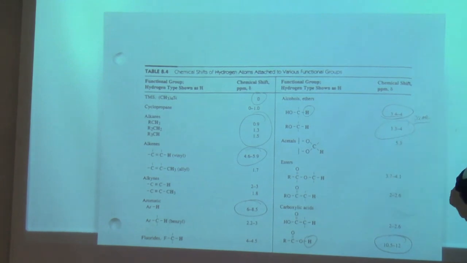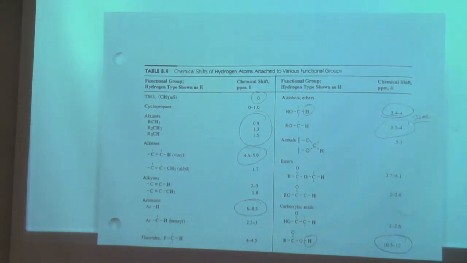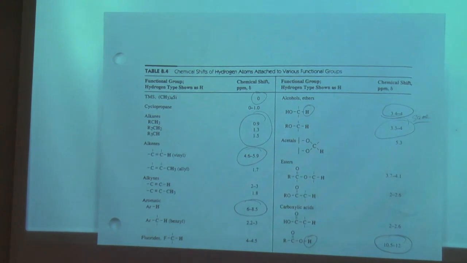And that area where those hydrogens usually show up is between 3.5 and 4. And so if you see a peak pull down to 3.5 and 4, you should start thinking, maybe that's a hydrogen that's bound to a carbon that's bound to an oxygen.